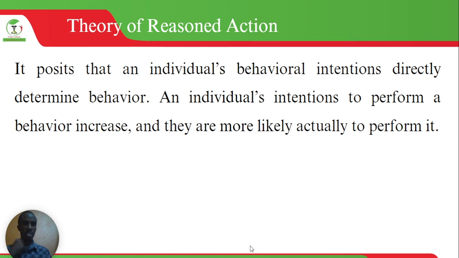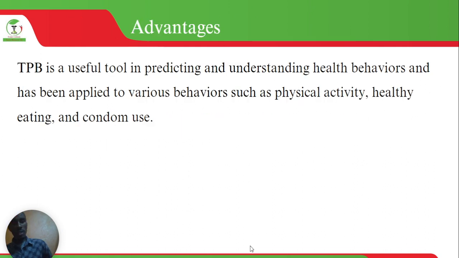So an advantage of the theory of planned behavior is that it is a useful tool in predicting and understanding health behaviors, and it has been applied in various behaviors such as physical activity, healthy eating, and condom use. So all these are desirable behaviors in health promotion.